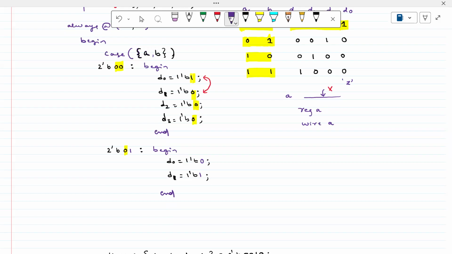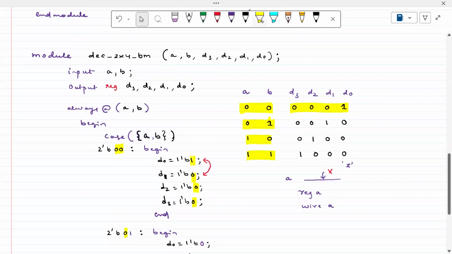Whereas if you write it as a register data type, it can be logic 0 or logic 1; an unknown value will be there, right? So if you look very carefully at this point, if D0 to D3 are declared as a register data type, then by default these variables hold an unknown value.